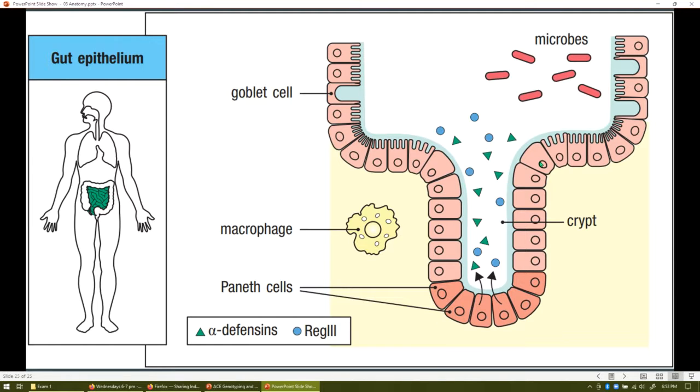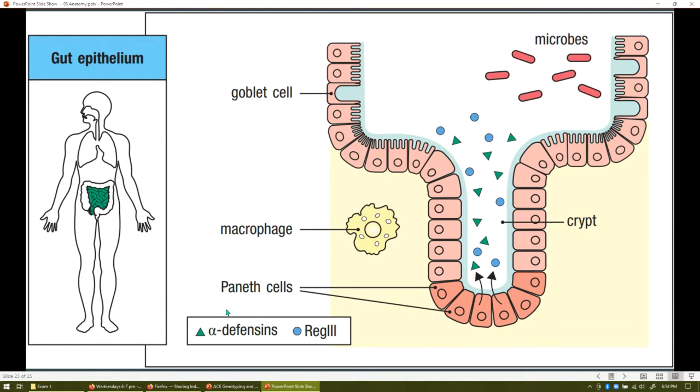And then you also have in the gut these things called crypts. We're actually looking at the small intestine only here for crypts. You have crypts in your small intestine. Crypts are little places where, I guess, you usually fold cells down here, but you also have these cells called Paneth cells.